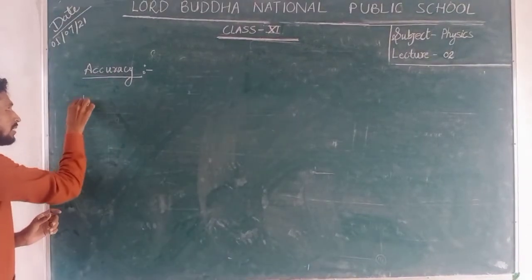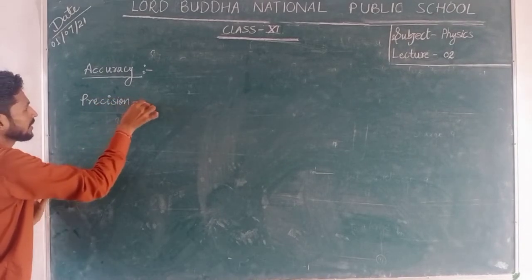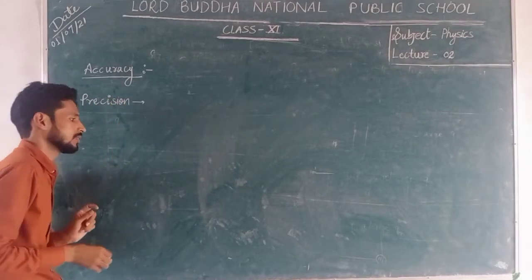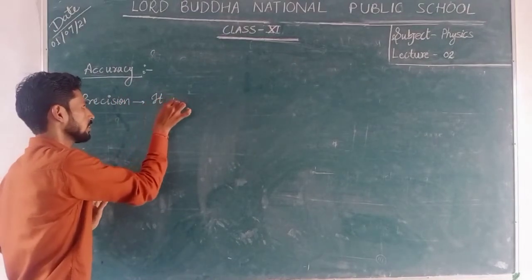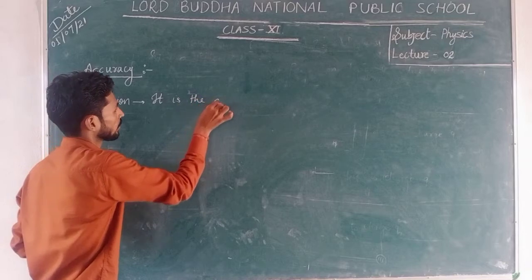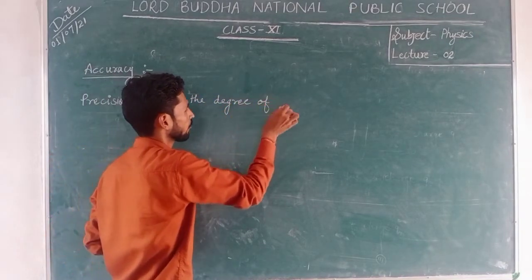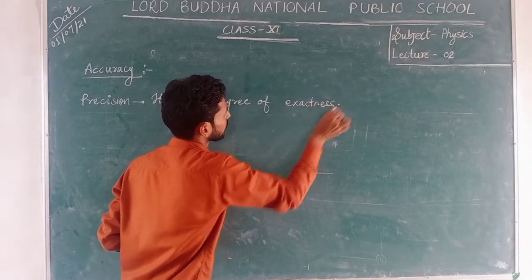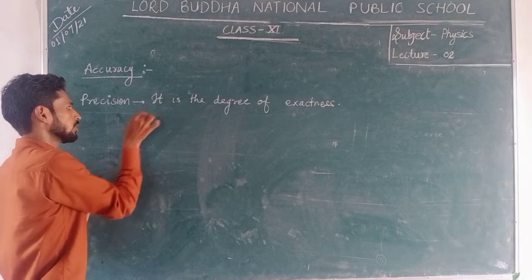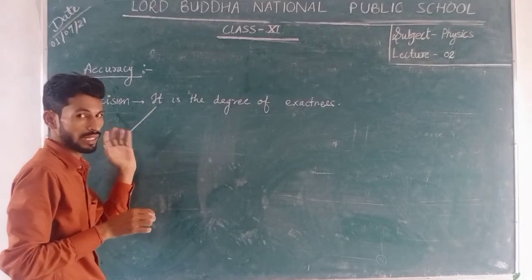So the next term is precision. Precision is the degree of exactness. It is the degree of exactness, and we can also write the definition of this term in another way.